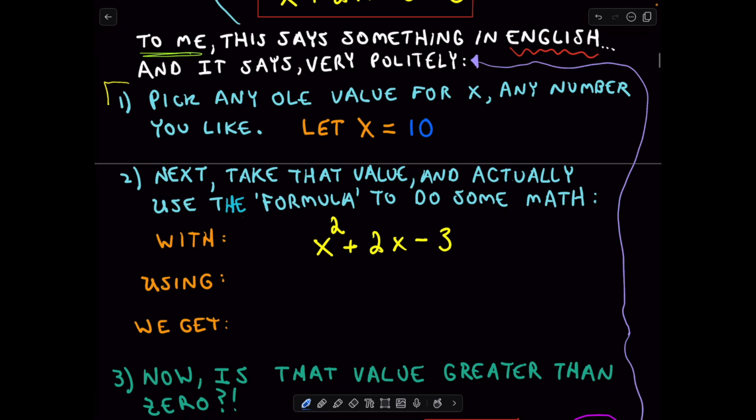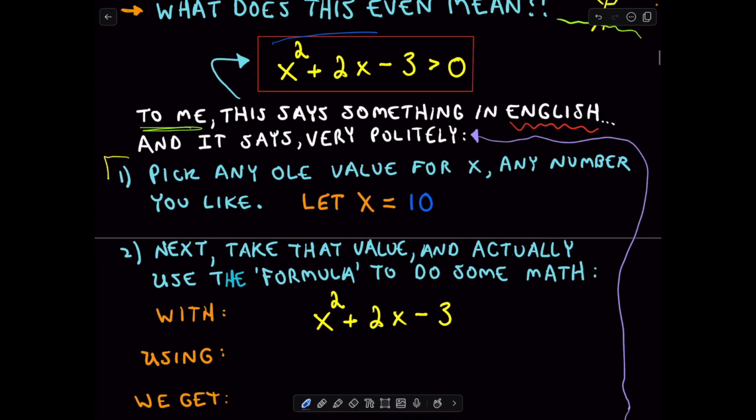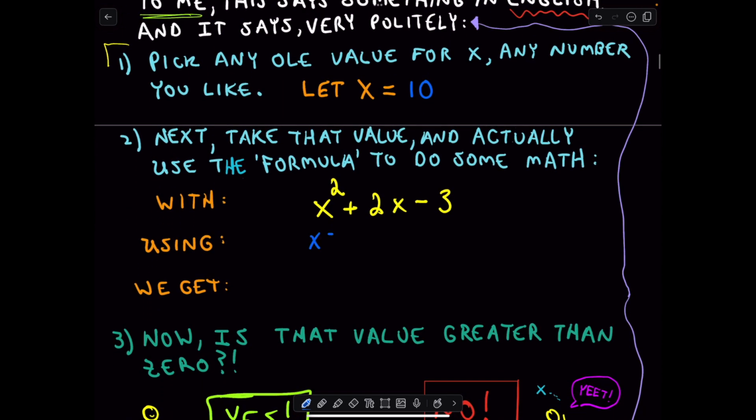Okay, so let's take that value and do some arithmetic. I've got x squared plus 2x minus 3. Let's plug in x equals 10 and see what it spits out. So we would have 10 squared plus 2 times 10 minus 3. I'm just substituting in x equals 10.